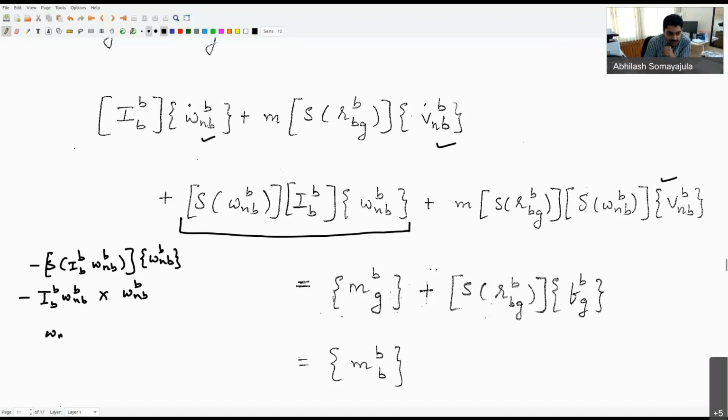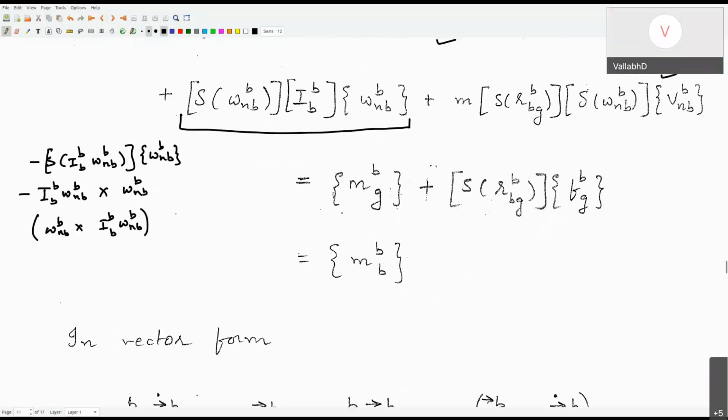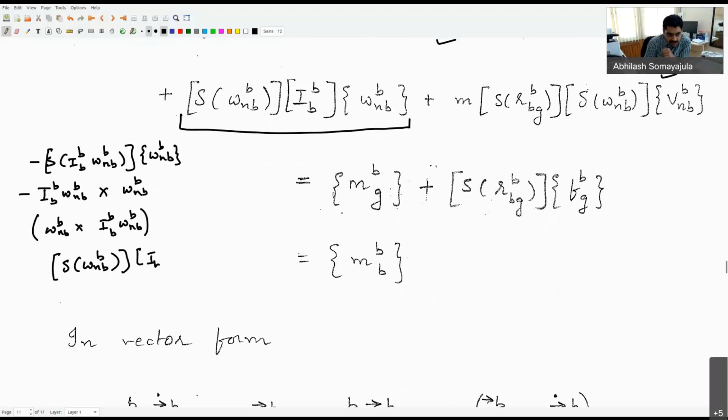That means this is nothing but omega nB cross IBB times omega nB. So I'm changing the order of the cross product in order to absorb that minus sign. And now that can be written as S of omega nB times IBB times omega nB, which is the same as what you saw here. Yes, sir. Is that making sense?